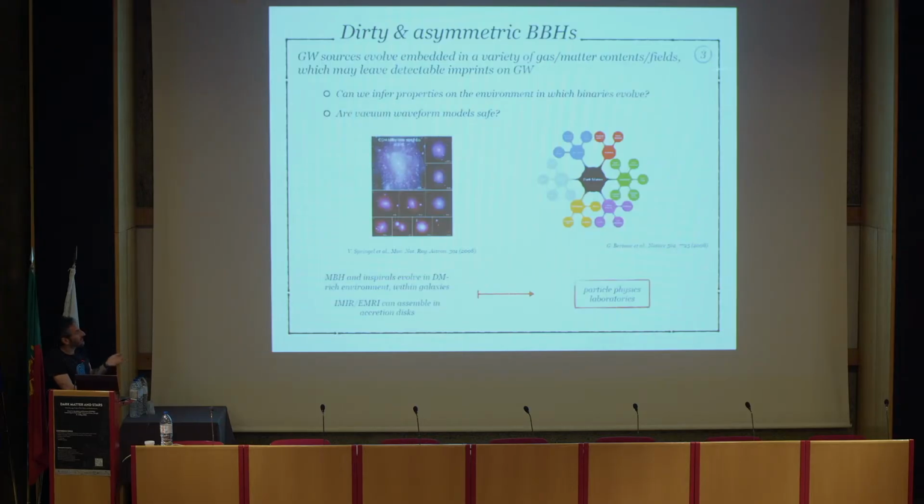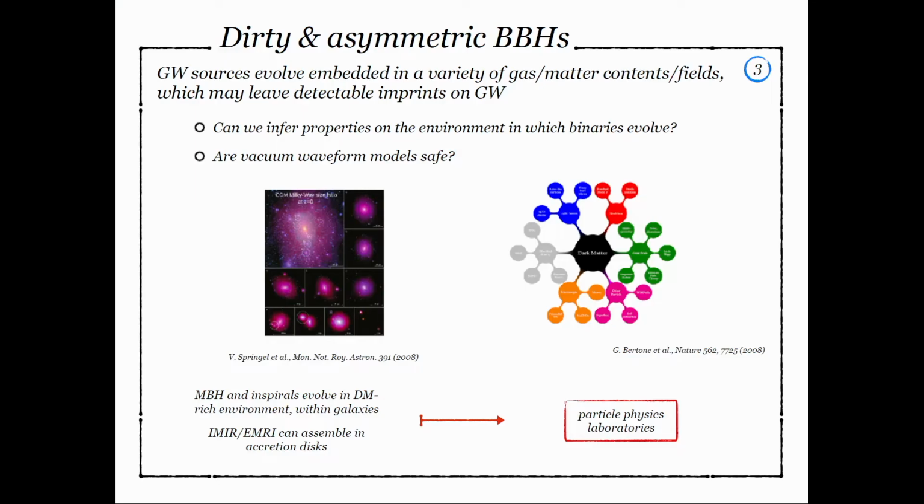And now let me come to the third reason that I was mentioning before, the particular astrophysical setup in which asymmetric binaries assemble, okay? We know in general that vacuum is in any case an approximation, because any astrophysical system evolves in some rich environment which could be filled by any sort of matter content, gas and fields. The density is what mostly plays the role of how much this is going to affect the dynamics and emission.